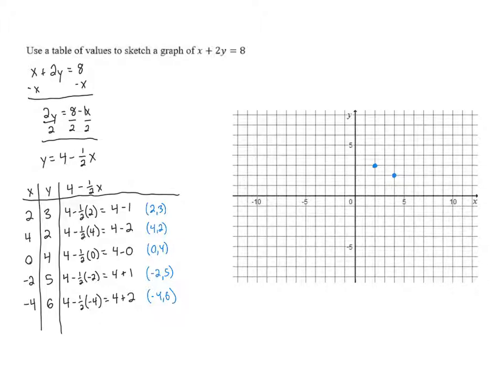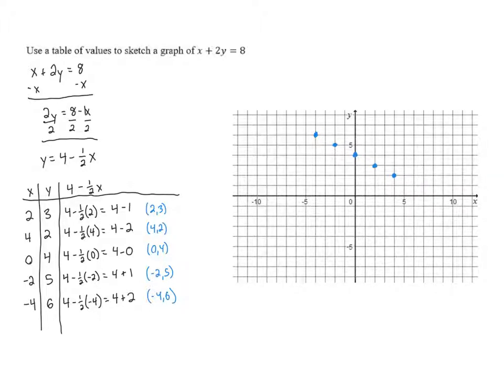We're just going up the y-axis. And it's (0, 4), so we're going to go up 4 to here. Good. The last 2 points have negative coordinates for x, so we're going to be moving to the left. For (-2, 5), we go to the left 2 and up 5, right there. And (-4, 6) is going to be to the left 4 and up 6, right about there.